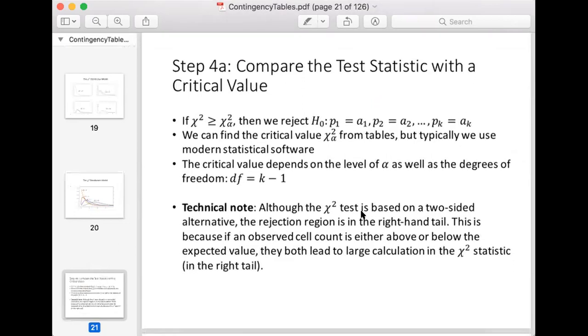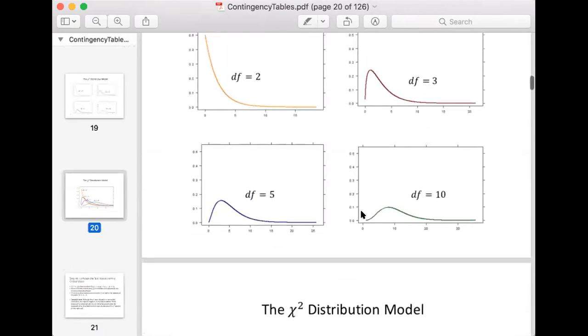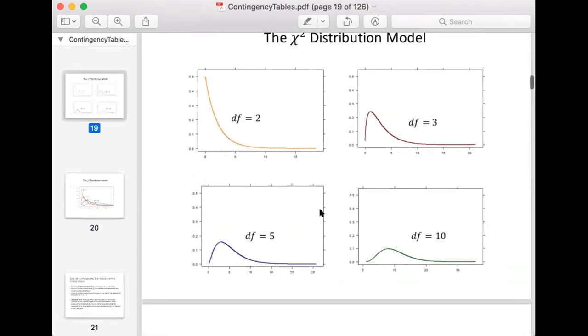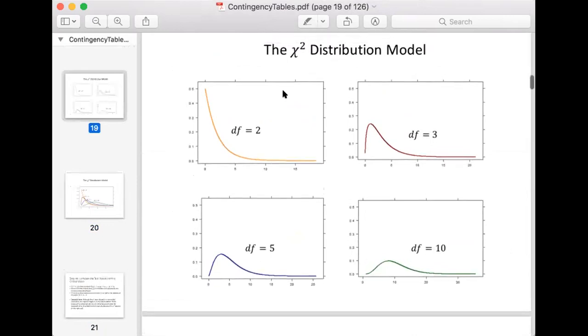To figure out your conclusion, you'll compare your test statistic with your critical value. Once you've found your critical value with your given degrees of freedom, because we can see here that the chi-square distribution will change based on how many degrees of freedom you are working with. And remember, the goodness of fit test has a different degrees of freedom calculation than the two-way chi-square test for independence.